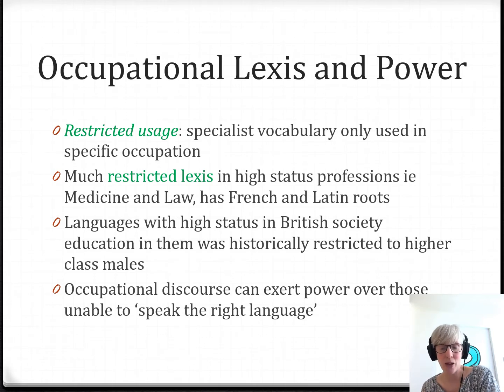The key point is that occupational discourse exerts power over those who are unable to speak the right language. Everyone within the legal profession knows what they're talking about amongst each other. Any outsider sitting in court is going to feel extremely powerless because they don't actually understand what people around them are saying.